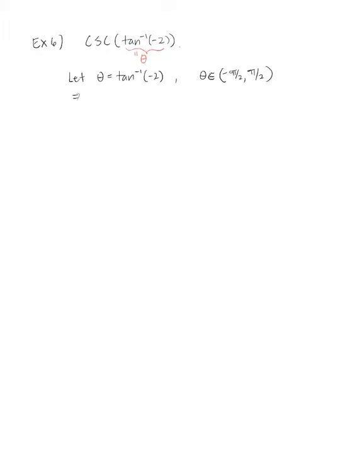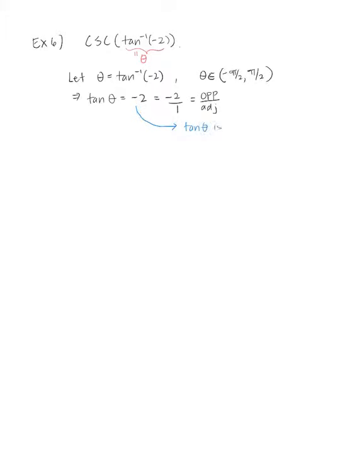So this implies that tan of theta is negative 2. Now, negative 2 is the same thing as negative 2 over 1. Now, tangent was what? Opposite over adjacent. So keep that in mind. Now, let's determine where our angle theta is going to lie.